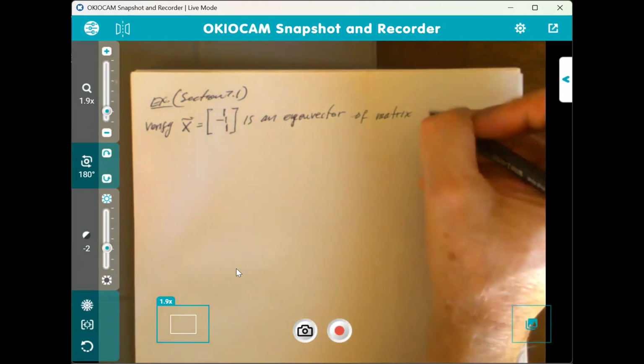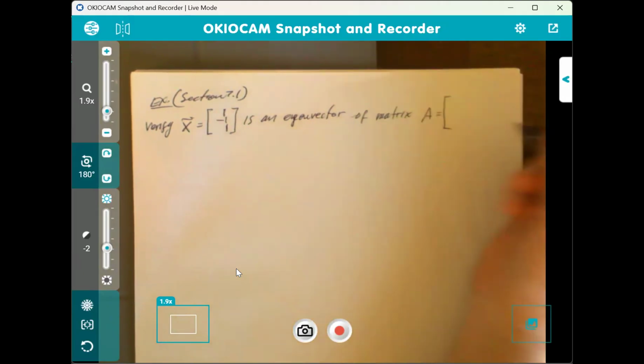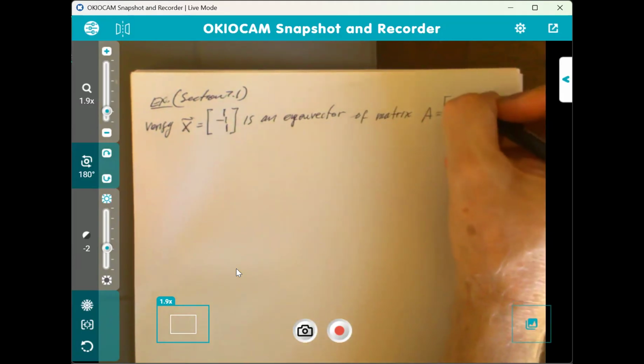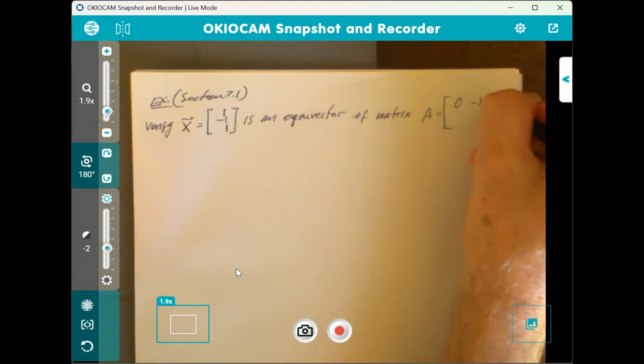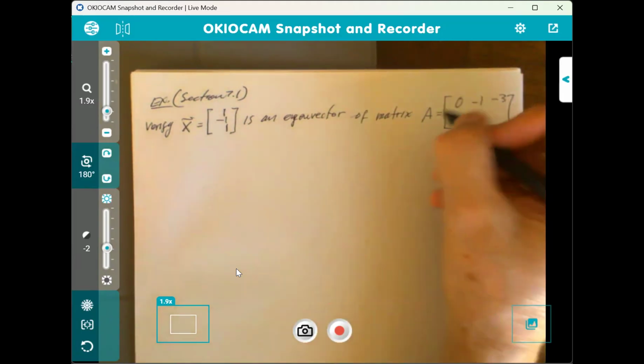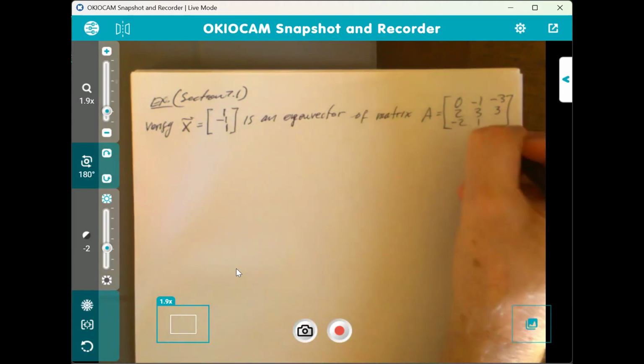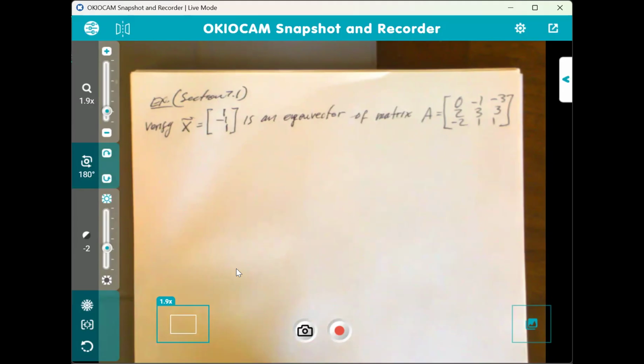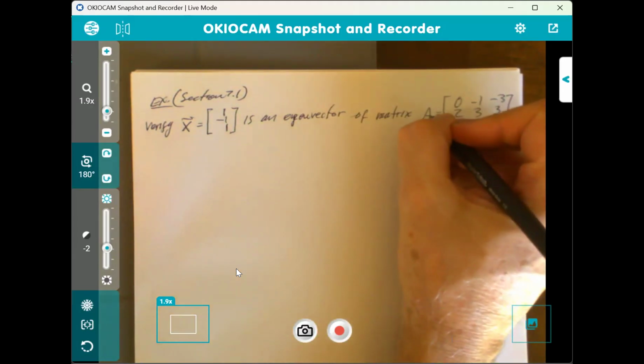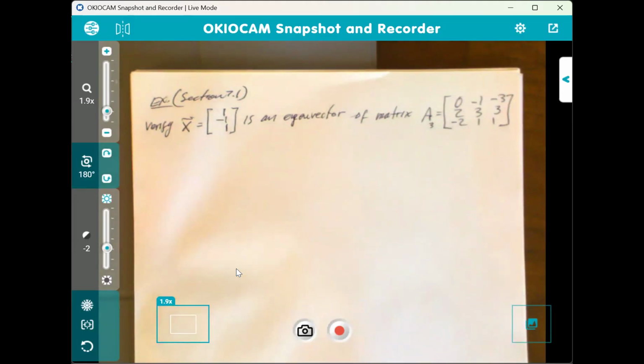So suppose my matrix is this 3 by 3 matrix: 0, -1, -3, then 2, 3, 3, and then -2, 1, 1. Suppose that's my square matrix of order 3. It doesn't have to be symmetric. It could be, but it doesn't have to be.